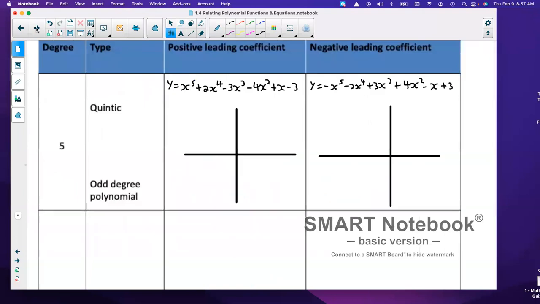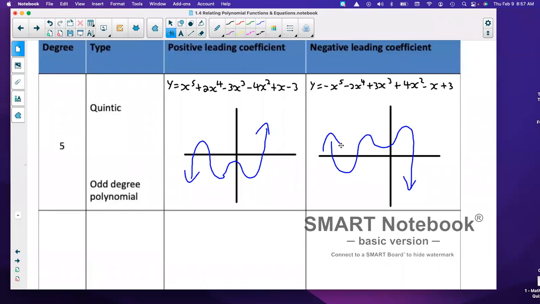Last one we're going to look at is a quintic function, so degree 5, an odd degree polynomial. So largest exponent is a 5. If I graph this first one, it's going to look something like this. And if I graph the second one, it gives me something that looks somewhat like this.